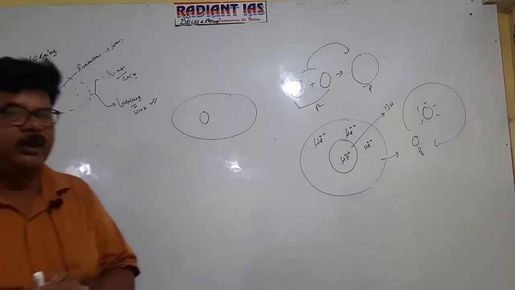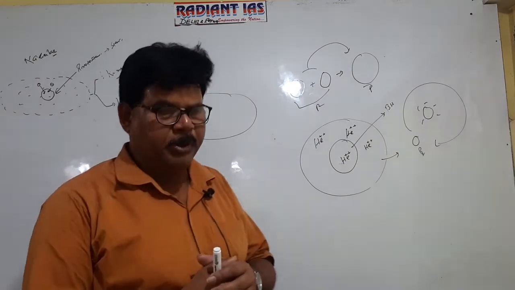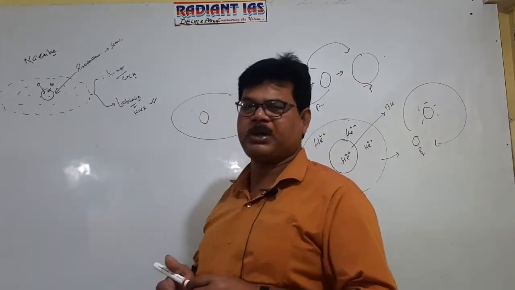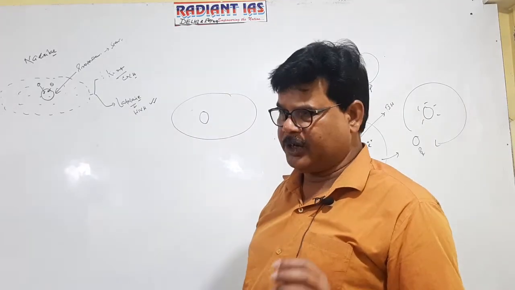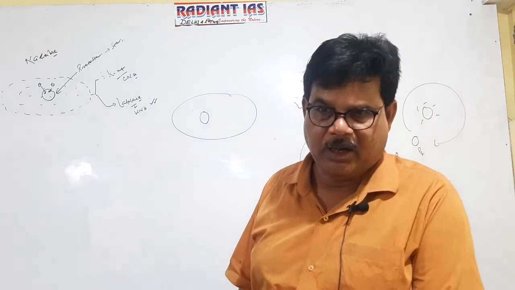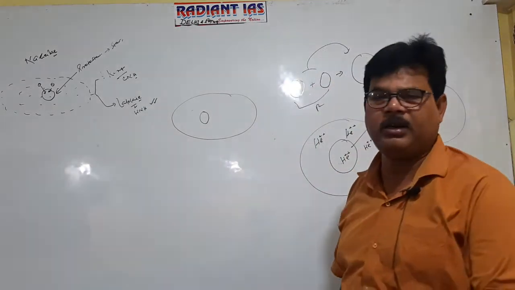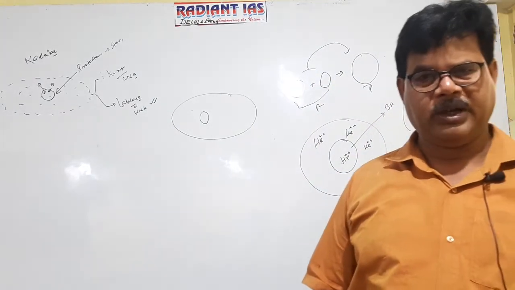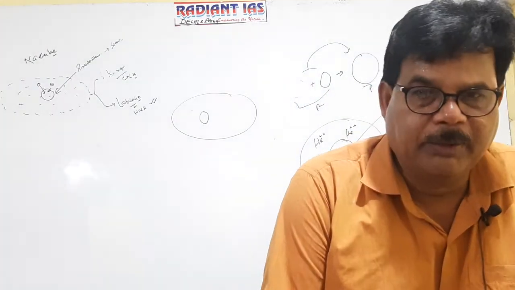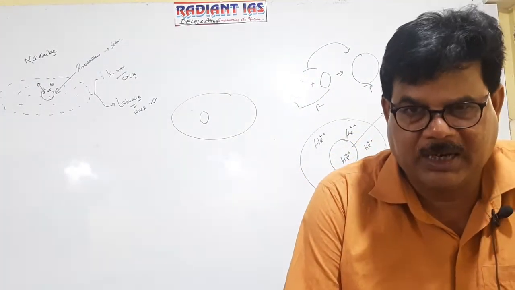During their motion, there will be collisions between the gaseous particles. The collision will increase the temperature of a certain part of the nebula, and this part is referred to as a protostar. When the temperature of the protostar increases up to 1.5 crore degrees Celsius or more, nuclear fusion reaction will start. Then the protostar is referred to as a star.